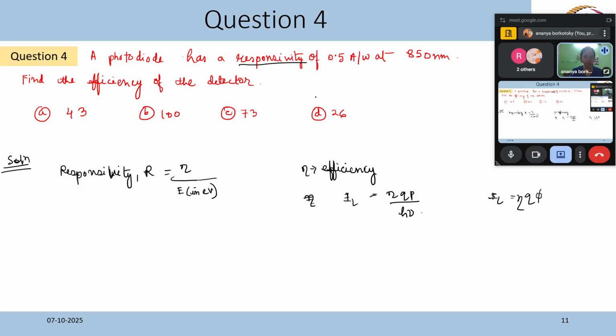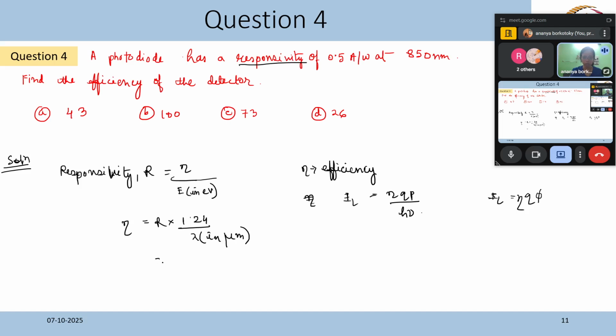wavelength, so we can calculate energy and we can find out the efficiency. So our eta will be R into energy. Energy we know is h nu, so this is 1.24 by lambda in micrometer.